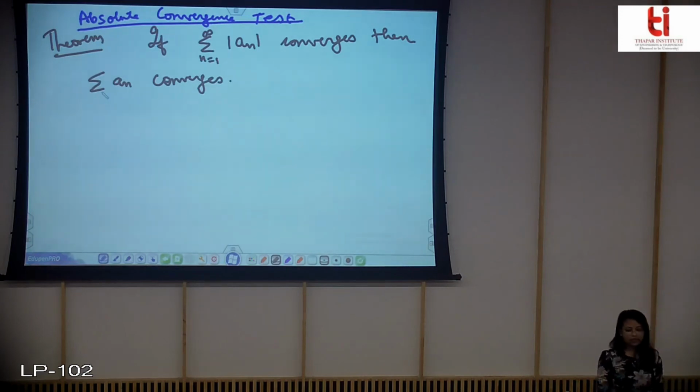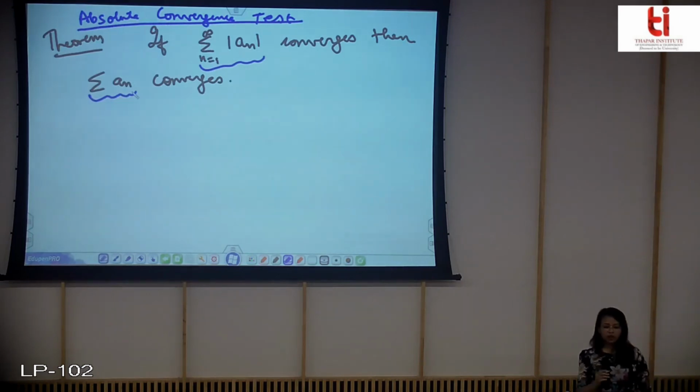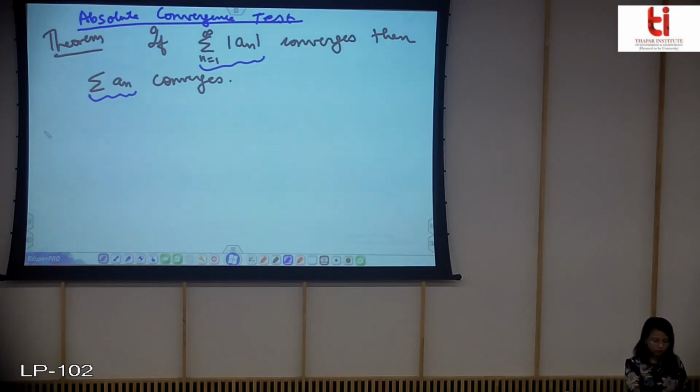It says that if the sum of mod of an is convergent, then the original series also converges. So let us prove this.